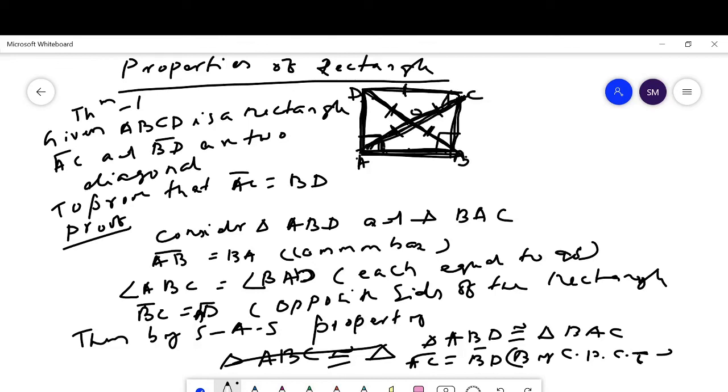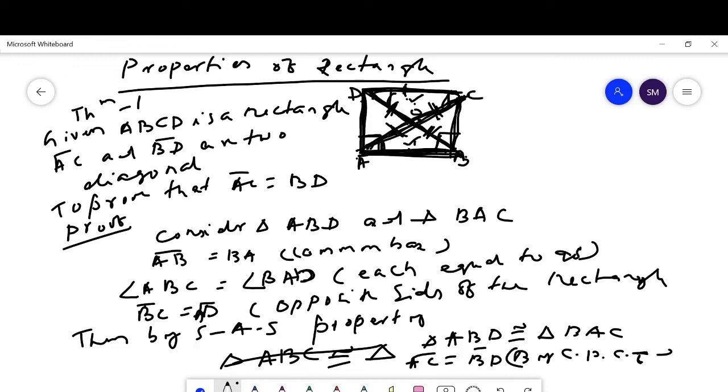Then this angle is equal to this angle as their alternate pair, and CD is parallel to AB and BD is the transversal. Hence, by the angle side angle property, triangle ODC is congruent with OAB. As these two triangles are congruent, DO is equal to BO and AO is equal to CO by CPCT.